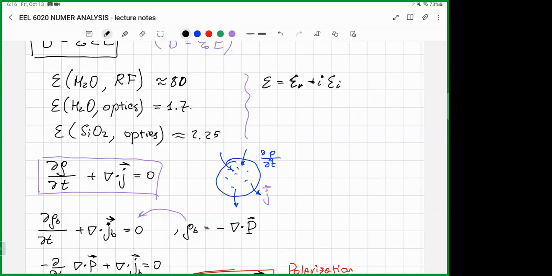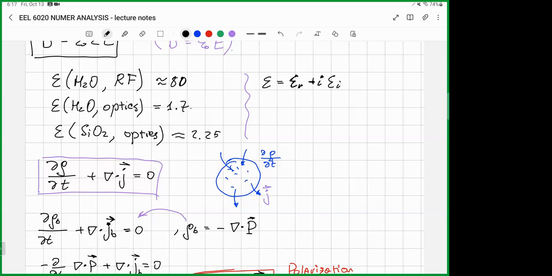If you look at the database and see, for example, the epsilon of gold, you will see that the epsilon of gold is a complex number. And the same way, the epsilon of silicon, another important material for technologies, is also a complex number.